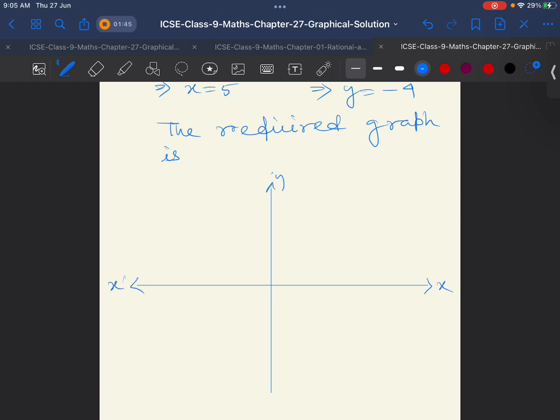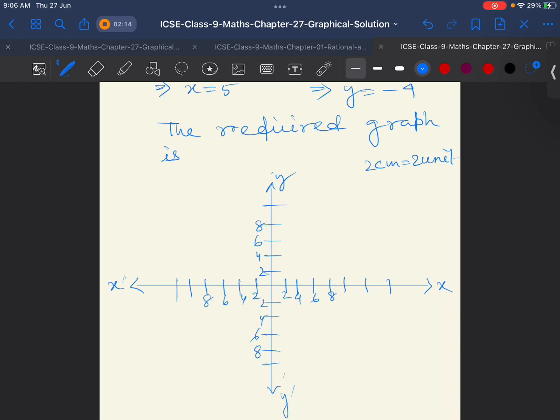This is y and y dash. Now we take 2 centimeters equals 2 units. Marking 2, 4, 6, 8 along each axis direction.